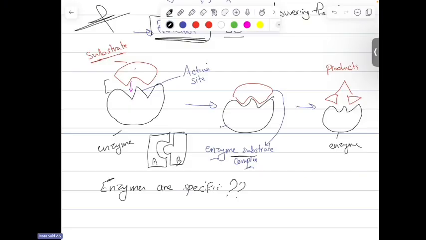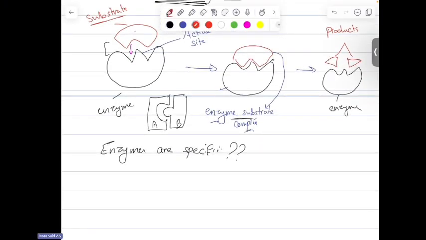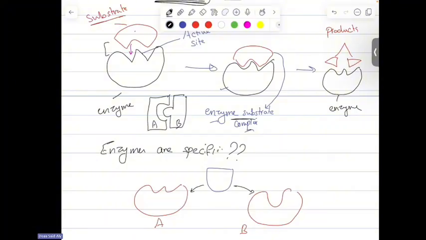For example, this is enzyme A, and this is enzyme B. Look at this substrate. Does this substrate combine to enzyme A or enzyme B?